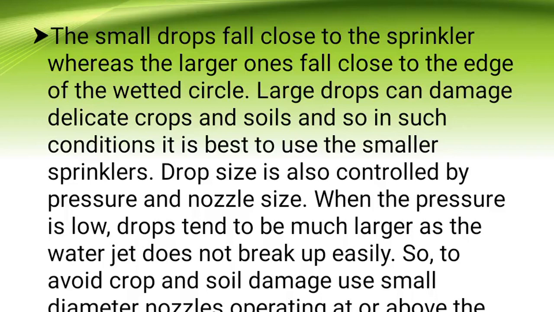Large drops can damage delicate crops and soils, and so in such conditions it is best to use the smaller sprinklers. Drop size is also controlled by pressure and nozzle size. When the pressure is low, drops tend to be much larger as the water jet does not break up easily. So to avoid crop and soil damage, use small diameter nozzles operating at or above the recommended pressure.